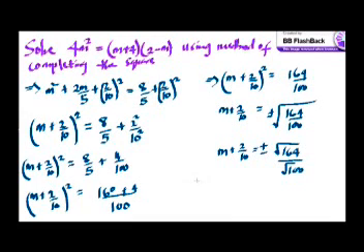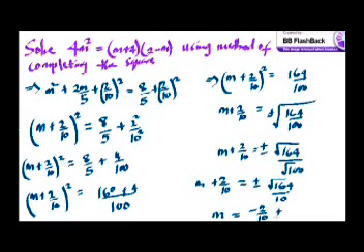So you have m plus 2 over 10 is equal to plus or minus square root of 164 over 10. Now if I take this across, I'll have m is equal to minus 2 over 10 plus or minus square root of 164 over 10.